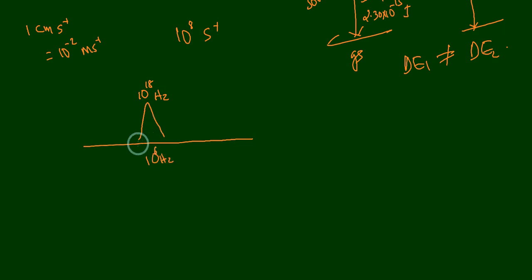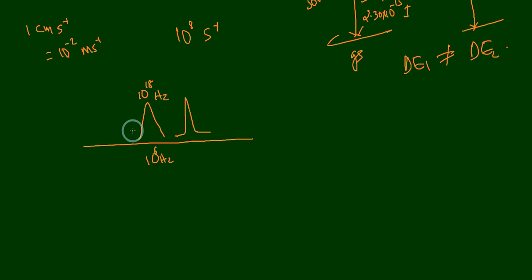If this source nucleus is moved at a velocity of 1 centimeter per second, that should bring a Doppler shift of 10 raised to 8 hertz. 10 raised to 8 hertz is 100 times this line width, right? So it should come somewhere here. My scale is not very good, but what we understood is that it will shift to here.